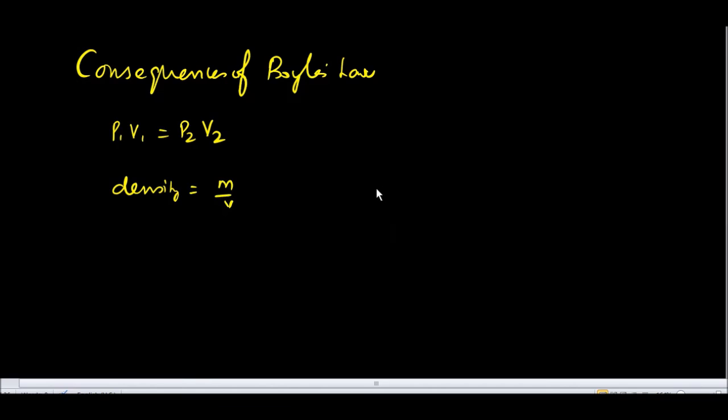So I can say that the density is given as D equals M by V. When the volumes are differing, if the volume is V1, correspondingly the density is to be taken as D1.